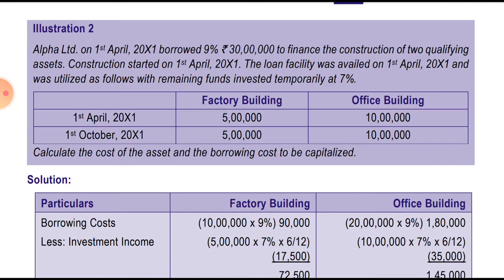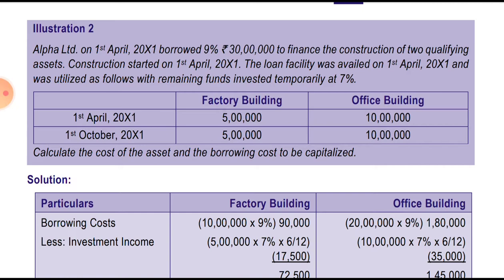It has borrowed 30 lakh for two qualifying assets. 5 lakh rupees on the first day for the factory building, and 10 lakh rupees on the first day itself for the office building has been expended.